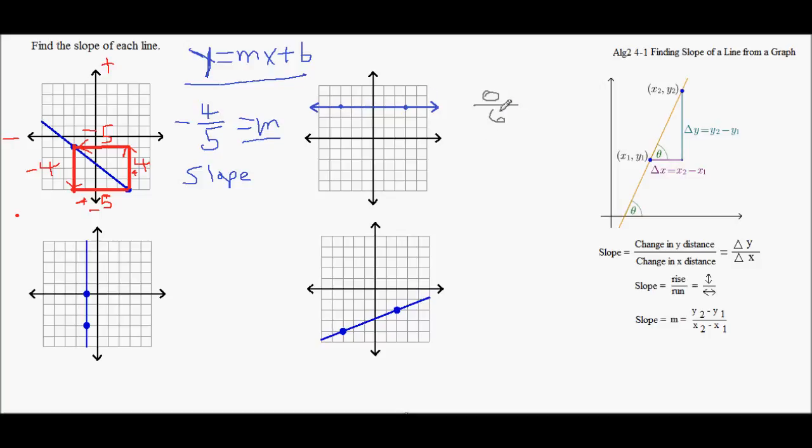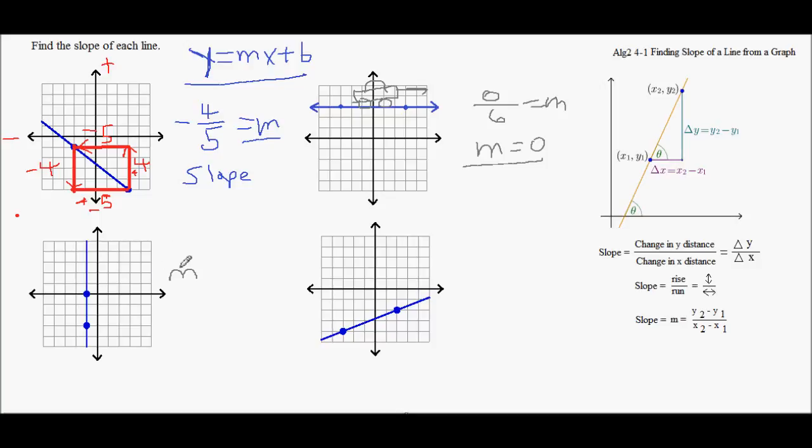Well, what's 0 over 6? Well, it's 0, right? It's flat. This is a flat line. There is no slope. It's 0 slope. You're in a car and you're not going uphill or downhill. The slope is 0.